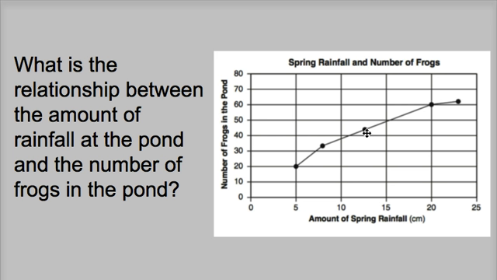The number of frogs went up to about 43, 44. And then we jump up here to 20 centimeters of rain, and they found 60. And when there was approximately 23 centimeters of rain, they found approximately 61, 62 frogs. So what is the relationship between the amount of rainfall at the pond and the number of frogs in a pond? In order to answer that question, we had to first look at the data.